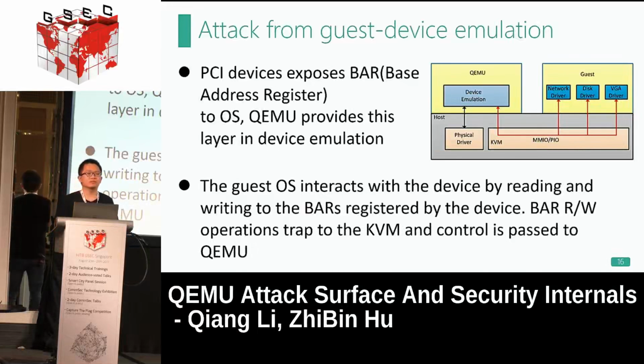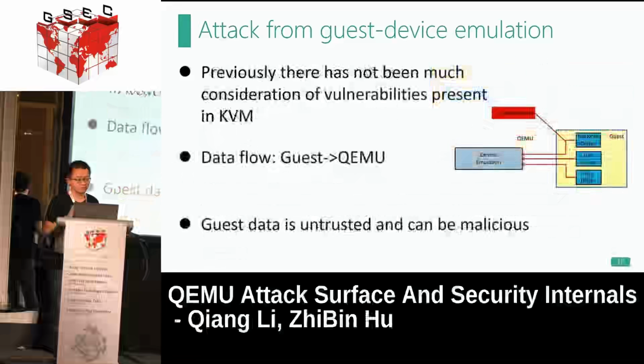So let's summarize this data flow. The data is first generated in the guest, then transferred to KVM, and then goes to QEMU. If we don't consider vulnerabilities in KVM, we can summarize the data flow as: the guest to QEMU.